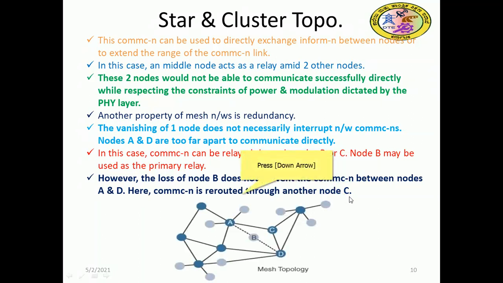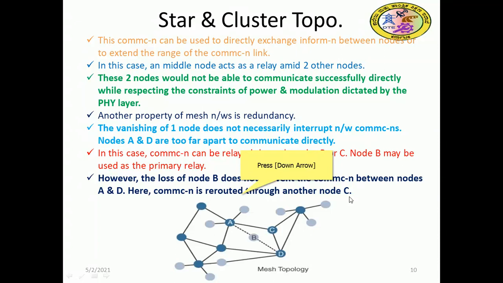Here is a more elaborate picture. In the mesh topology, we have A and D, which want to speak. We have an RFD, a reduced function device, and C is an FFD.